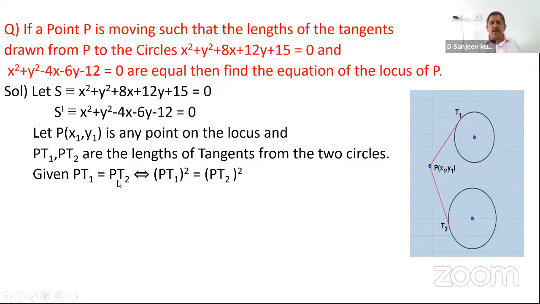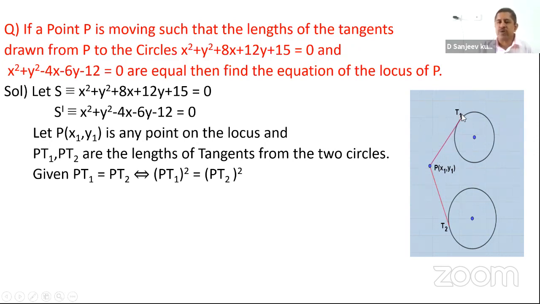So it means that PT1 is equal to PT2. So you can write, squaring on both sides, PT1 whole square is equal to PT2 whole square. So how to find the PT1 whole square value and PT2 whole square value? It is the same as S11. PT1 is nothing but the length of tangent. So what is the formula of the length of tangent?